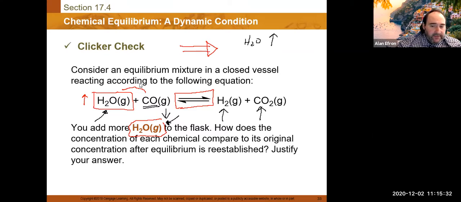But once it goes up, you should start to see it come back down, because it's going to start reacting with the CO, and you're going to use some of it to make products. So H2O will go up, and it probably will come back down. Depending on how much H2O you added, it may actually end up higher than it started, only because you artificially added some more H2O.